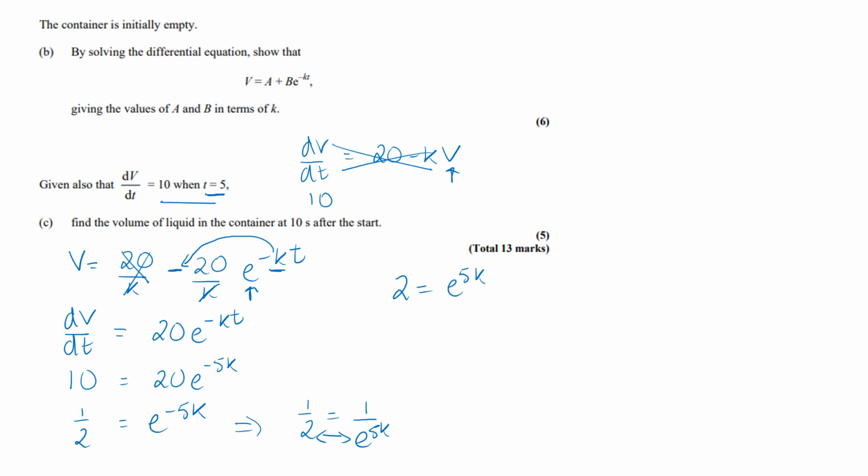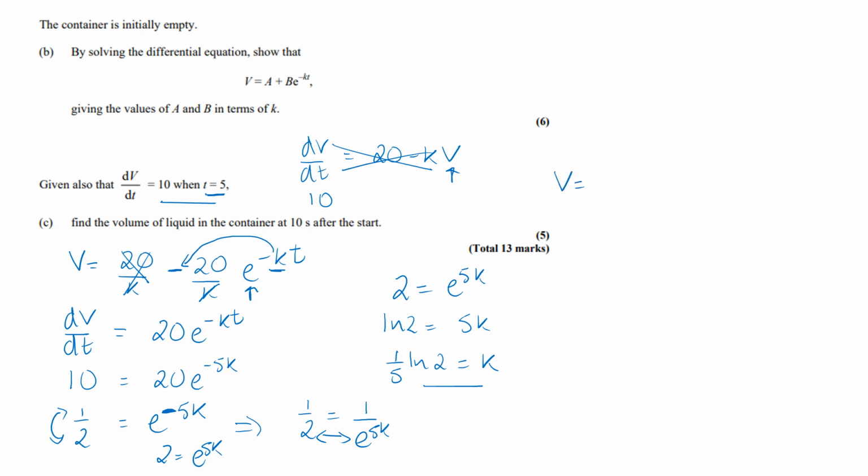And then taking ln's, ln of 2 is equal to 5k, so 1/5 the ln of 2 is equal to k. Now when you go back to this stage here, you just know that the minus means it's underneath, so you could just turn the 2 upside down and say that 2 is equal to e to the 5k. Either way, we've got our k.